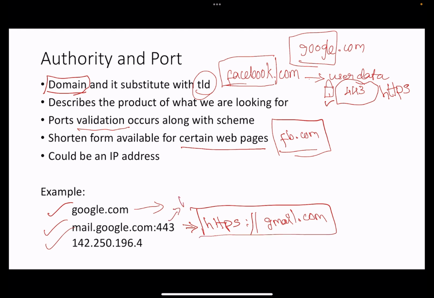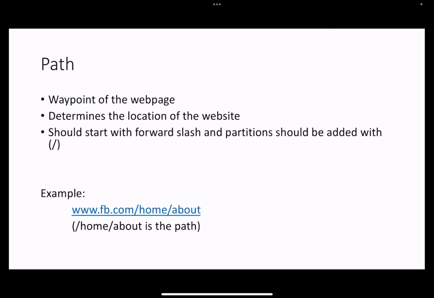Like I said, it should be https and mail.google.com, with the subdomain, domain and TLD, and the final output is http. It will redirect to https colon double forward slash gmail.com, and this is the exact IP address for Google. You can type this IP in the address bar, and it will lead you to google.com.